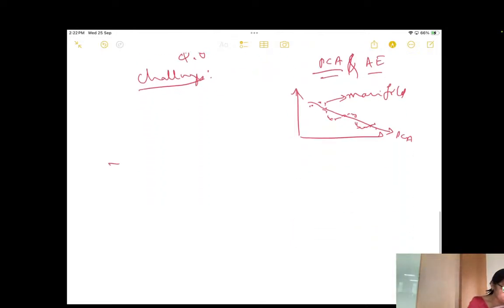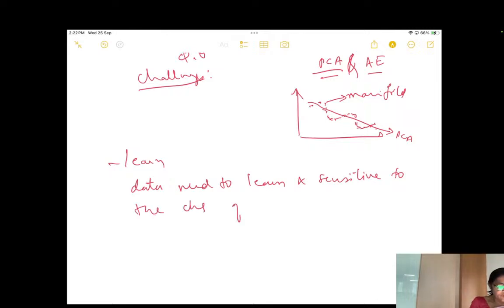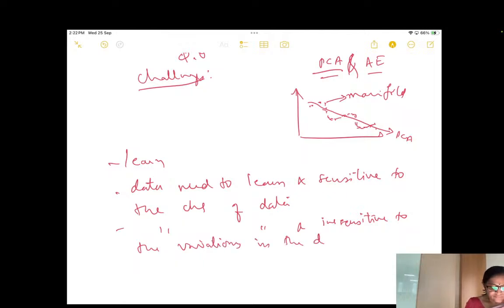The model needs to learn and be sensitive to the characteristics of data, and it needs to be insensitive to, or also learn, whatever variations are available in the appearance of that data.